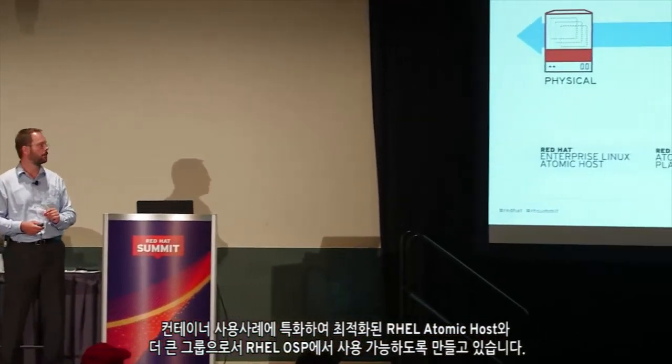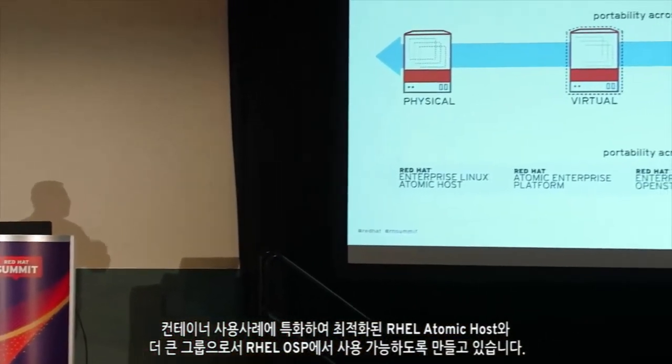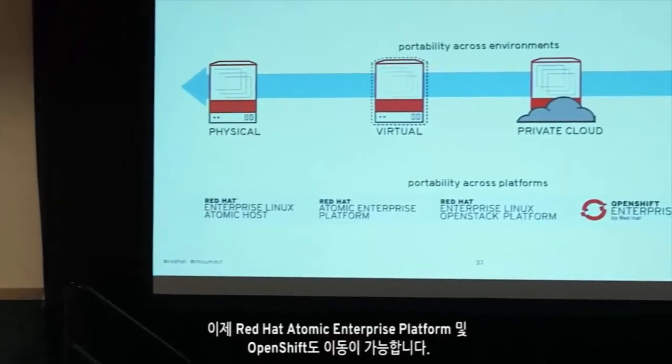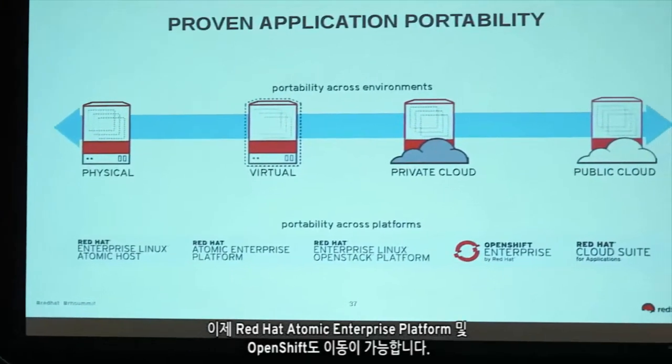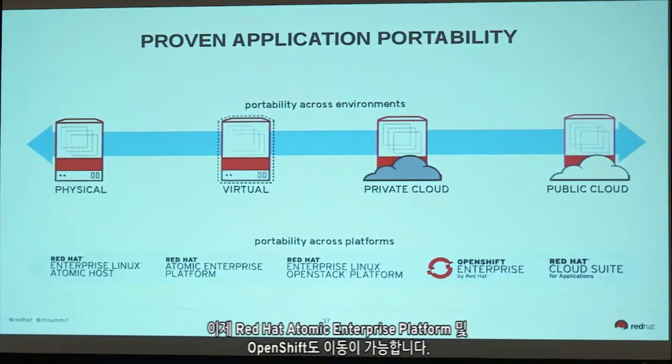In addition, we also make them portable across platform types, starting with RHEL as a general purpose operating system, going to RHEL Atomic Host as a special purpose operating system optimized for the container use case, to RHEL OSP, with which we integrate, coming back to this, to now Red Hat Atomic Enterprise Platform and OpenShift.